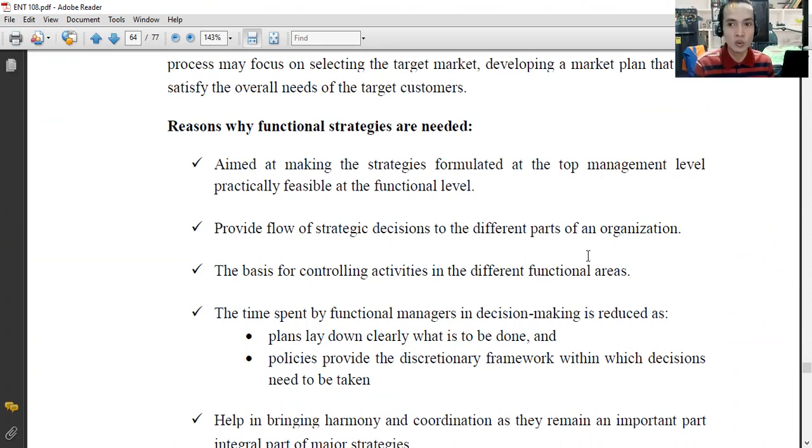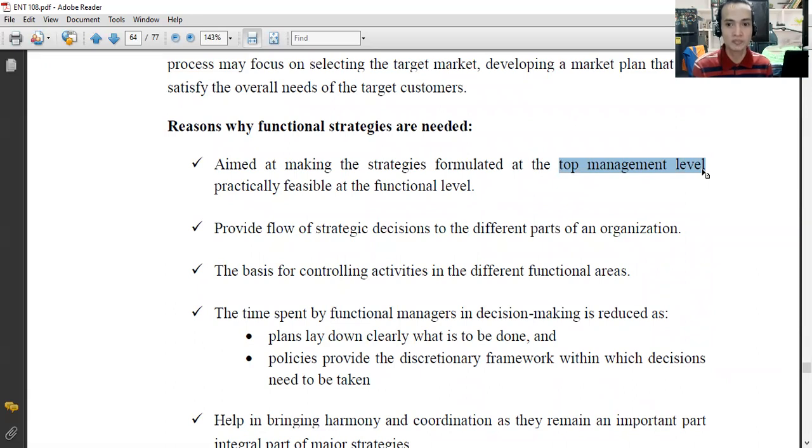We have already learned from our previous lessons and discussions that strategy formulation is done at the top management level, and it is cascaded down to each individual business function depending on a specific strategy that is suitable to that particular business function.